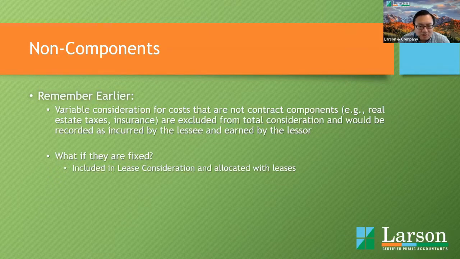You don't have to determine if you need to include it as part of your right of use calculation. However, if they are fixed, they need to be included in the lease consideration and allocated with the lease.